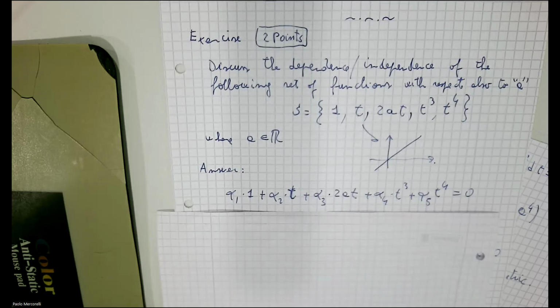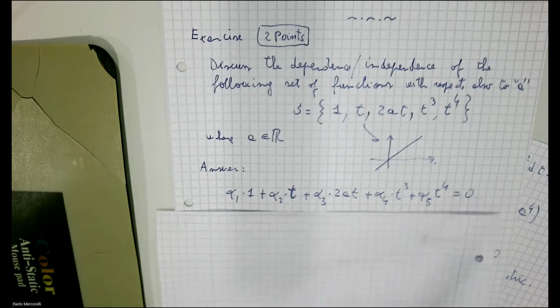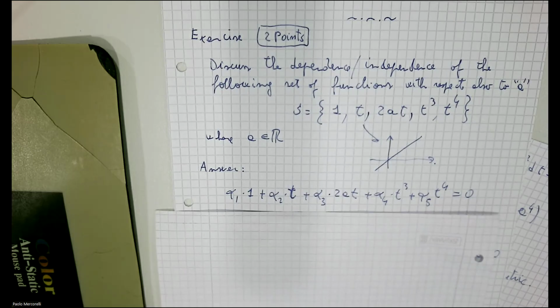Linear combination means that I have to multiply every function by a parameter, alpha 1, alpha 2, you can call them as you want, a, b, c, and you have to sum the functions and look if, to generate 0, all parameters are 0. If all parameters are 0, we say that the functions are independent.